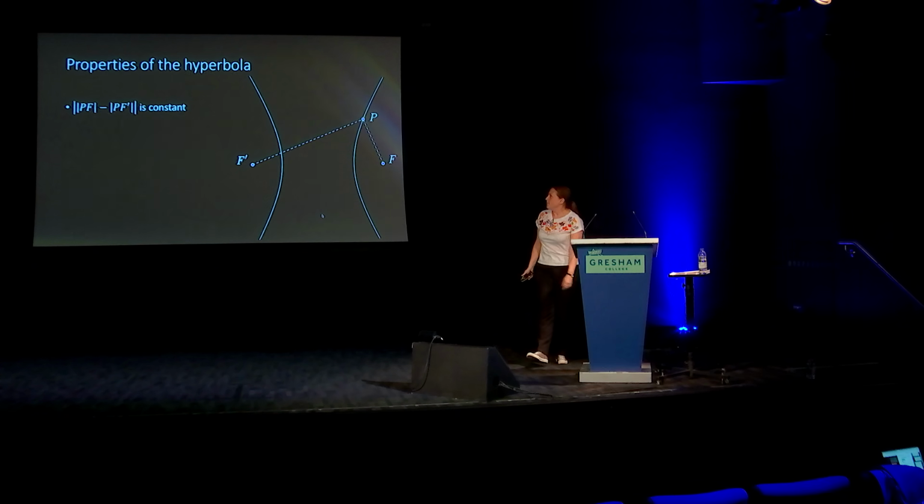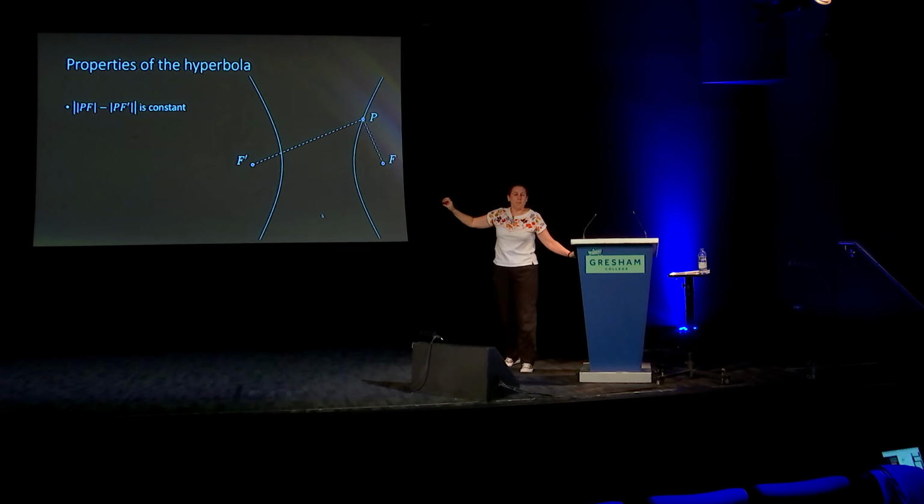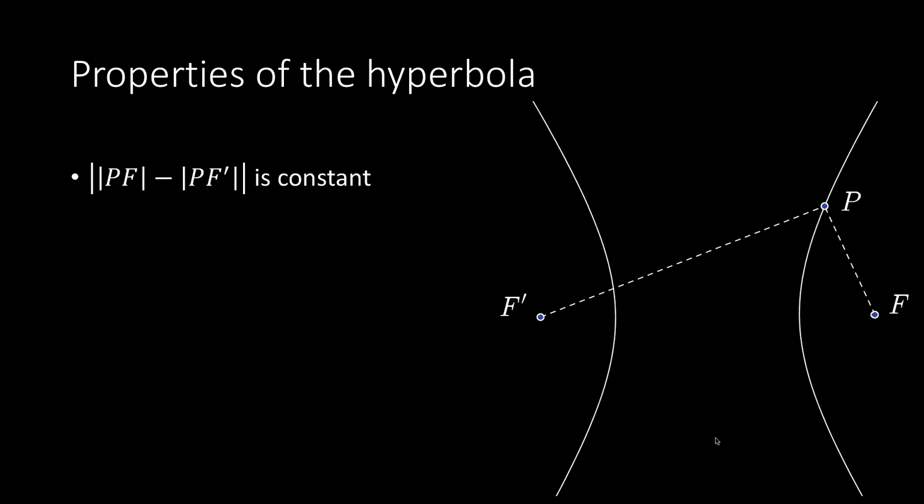The equation of a hyperbola, I'm not going to go into too much detail, but we can define a hyperbola, and it's sort of a through-the-looking-glass thing. With an ellipse, there are 2 foci, and for the points on the ellipse, the sum of the distances to the foci is constant. With a hyperbola, it's the difference of the distances that is constant.